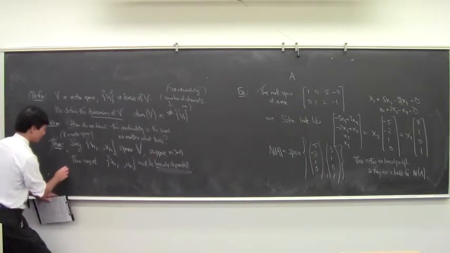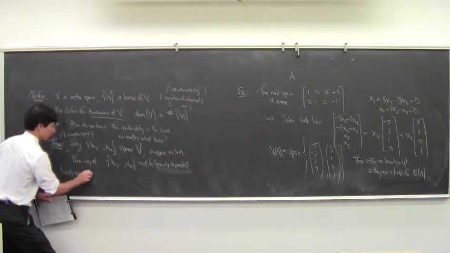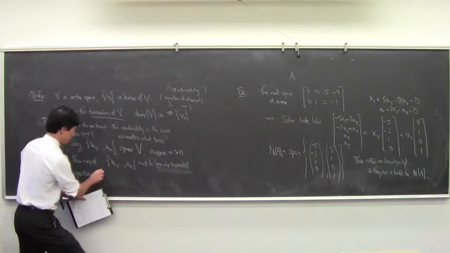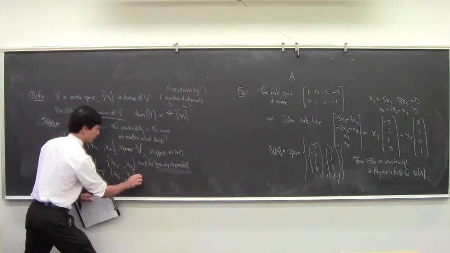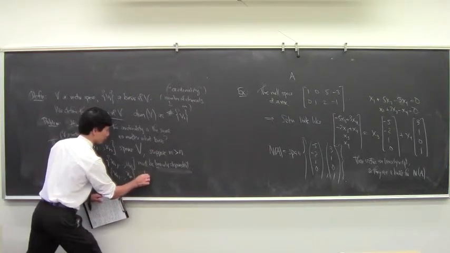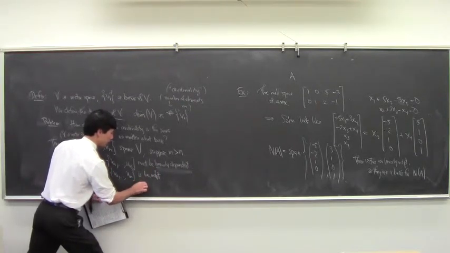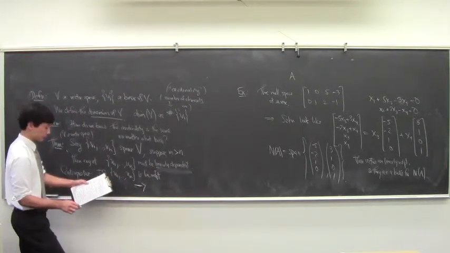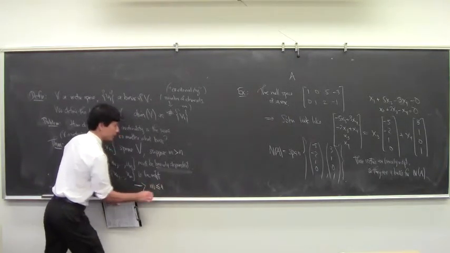Okay. If we rephrase this from the point of view of the contrapositive, you say, well, if the set is linearly independent, then that tells you that that m must be less than or equal to n.